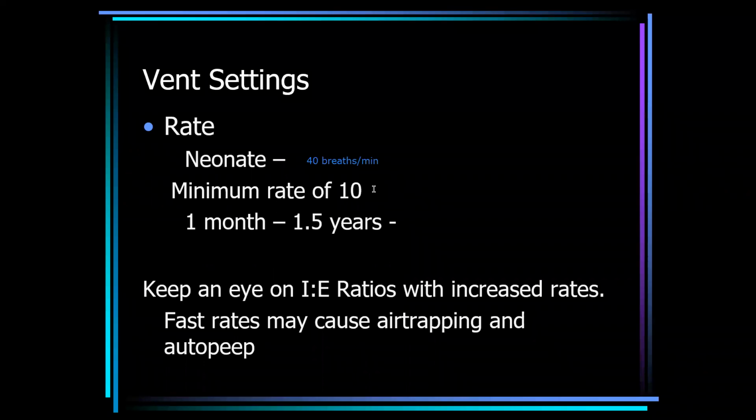When you're weaning them from the ventilator, you wean down to 10 breaths per minute and you don't go any lower than that. And the reason for that is the small endotracheal tube that they're intubated with. There's really high airway resistance trying to breathe through that little tube. So once you get them down to 10 breaths per minute and you're not giving them any more mandated breaths than 10 per minute, it's a lot of work that they have to do on their own.